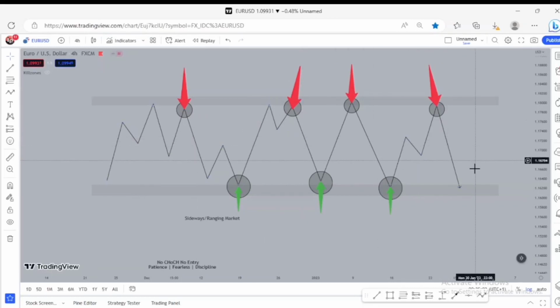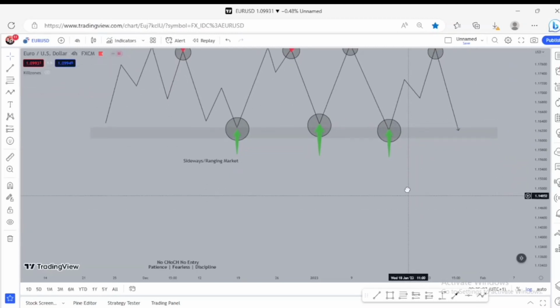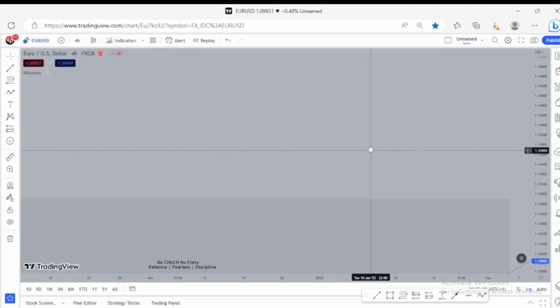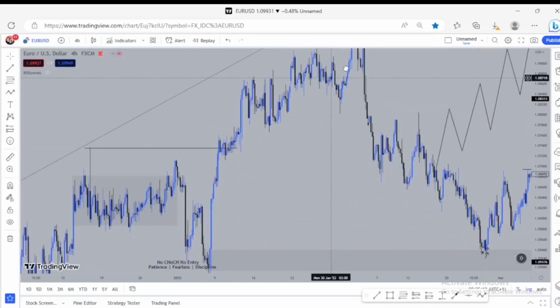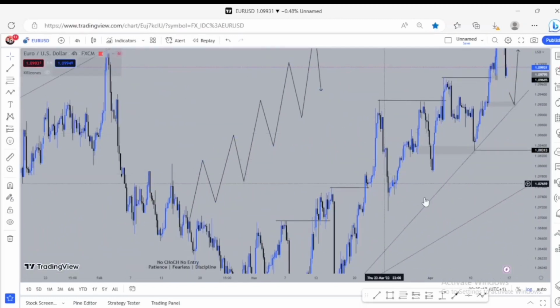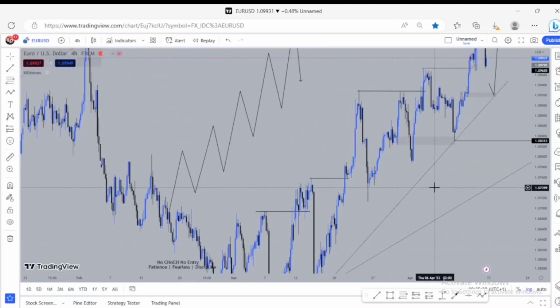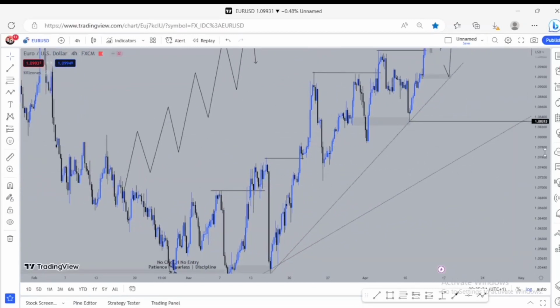So let's get to the chart so that I will show you an example of a trending market and also a sideways market direction. If you are watching this, you see that we have a trending market direction at this point, where the market is breaking the previous high.